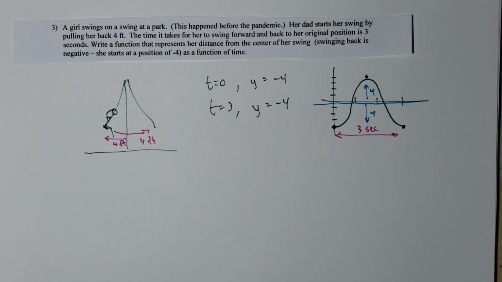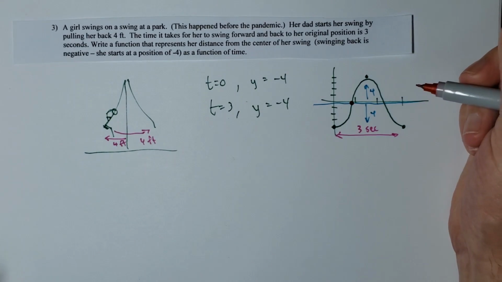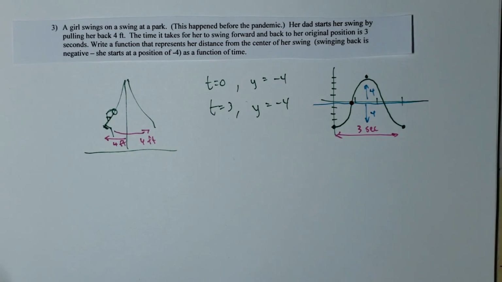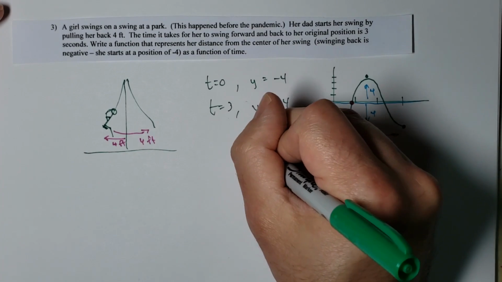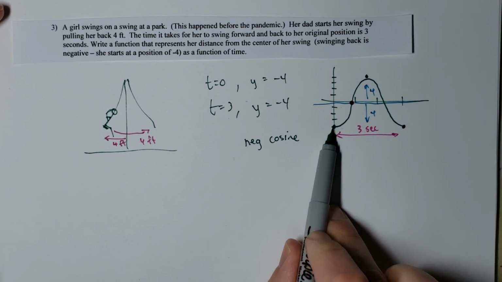Depending on where you want to start, if you picked this point right here and thought of it as a sine graph, you could, but you'd have to figure out a phase shift. Or you could just recognize that this is a negative cosine graph that starts at its minimum.